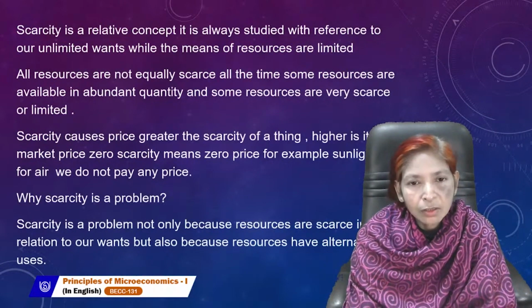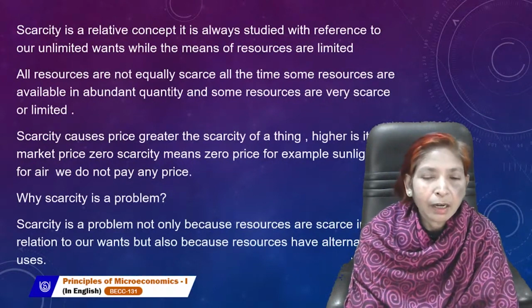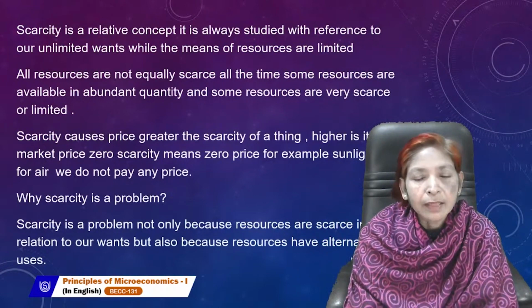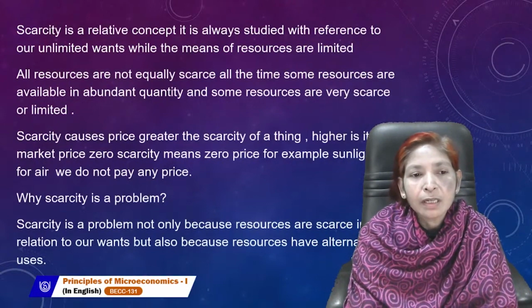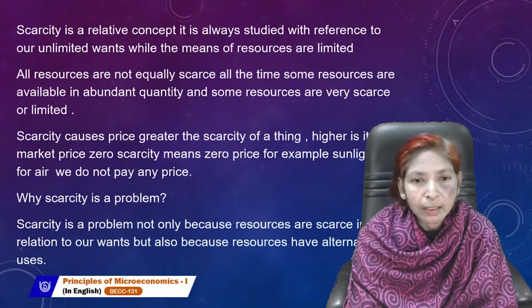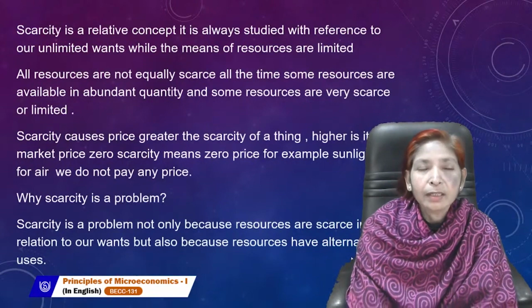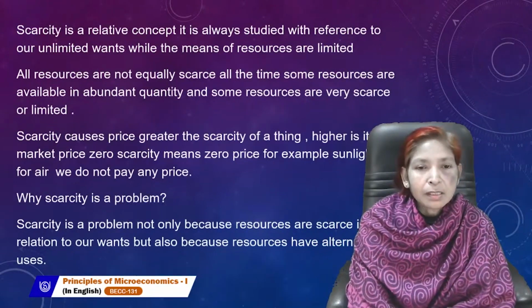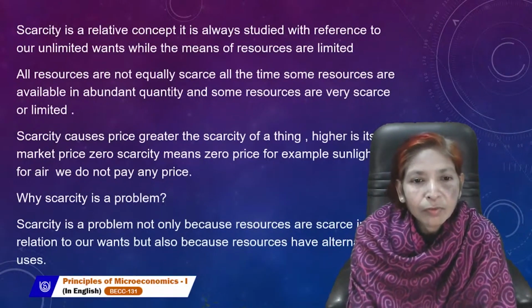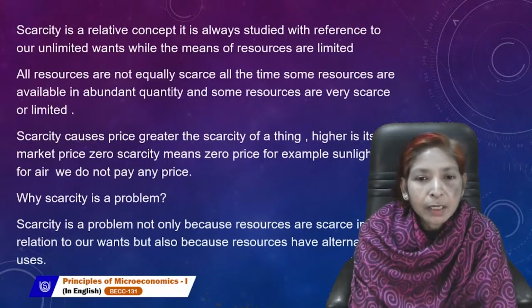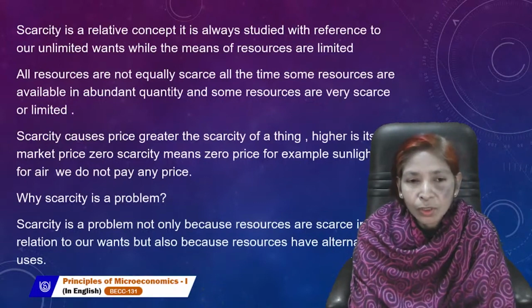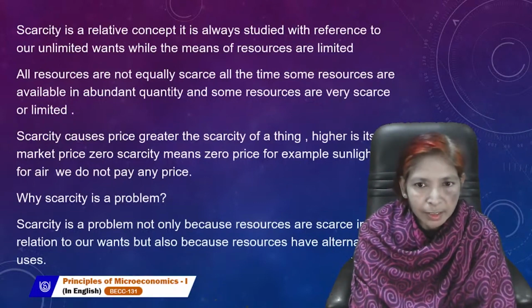Those things which are very rarely available have a higher price, and the commodity which is available in abundant quantity, as you know, 70% of the earth is covered with water. It means water is available in abundant quantity, so water is available at a cheap price.